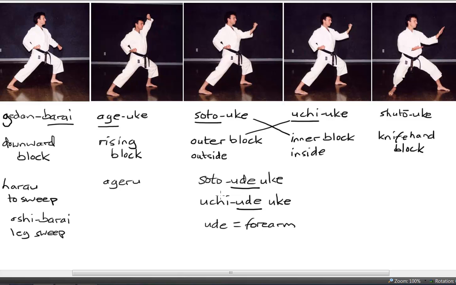So in Shotokan Karate, this is what we're really referring to. So that's why the outer block, obviously these two pictures look the same because the end position is very similar for each, but the outer block means that your arm is coming from the outside, going across to the inside, from the outside to the inside. So this one, let me put an arrow down here, this one means from outside to inside, using the outer forearm.